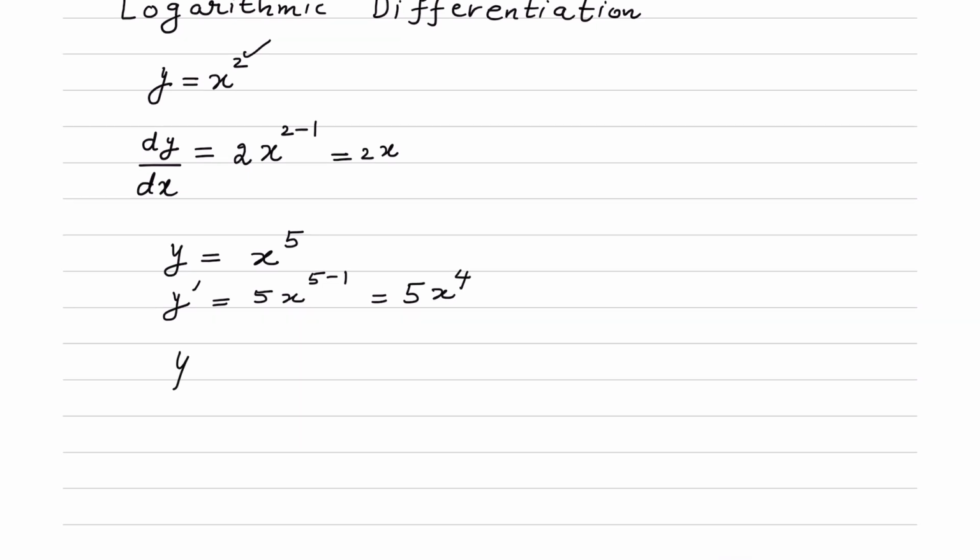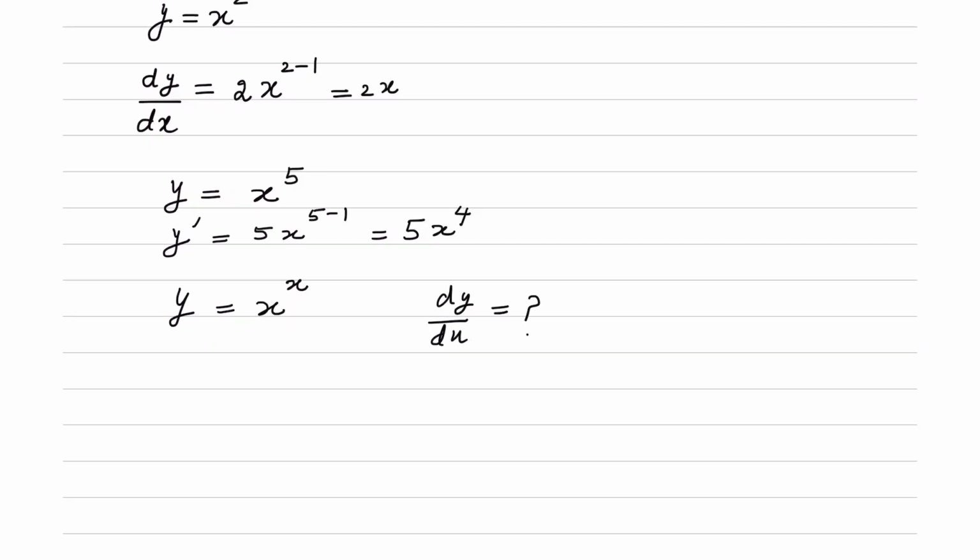But now let's say we have to find the derivative of this expression y equal to x to power x, and we have to differentiate y with respect to x. Now please see this. The power on x is not a number, it's a variable.